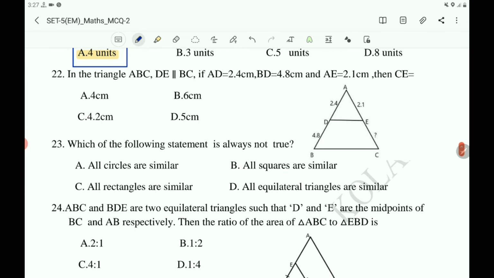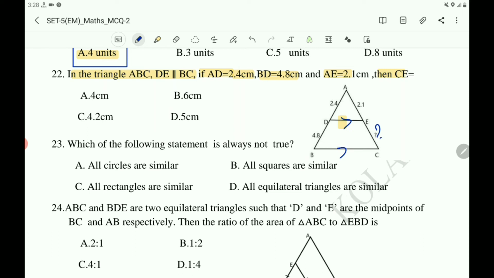Question number 22. In triangle ABC, DE is parallel to BC. If AD equals 2.4 cm, BD equals 4.8 cm and AE equals 2.1 cm, then CE equals. Here either we have to use the Thales theorem or the corresponding sides of the similar triangles. What is given? DE is parallel to BC. What is to be found out?